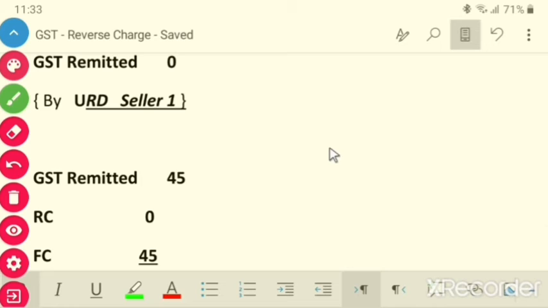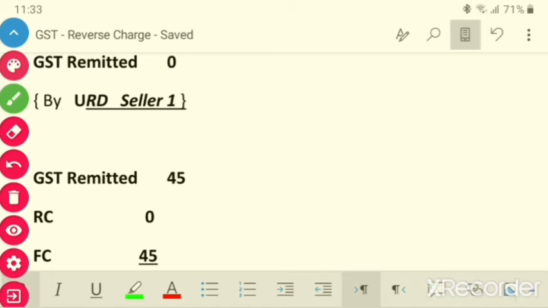Then why reverse charge? For stage 1 seller, it doesn't make a difference. Reverse charge, forward charge, all that is not there because he is an unregistered dealer. FC, RC, nothing will apply. He is least bothered. Now, even for the consumer it doesn't matter, because the final consumer has purchased the product at 250 rupees.